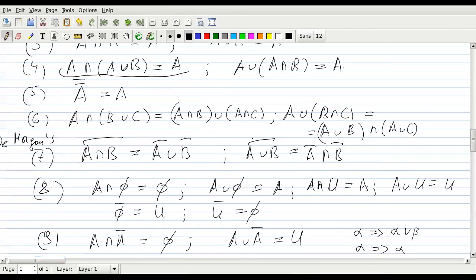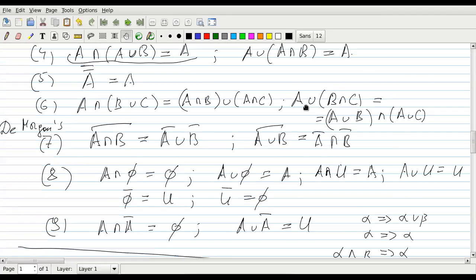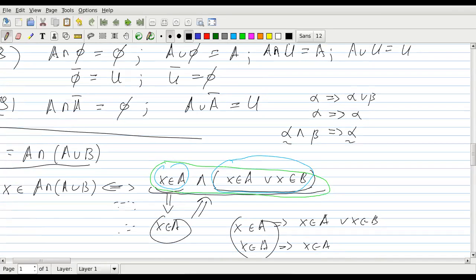Do we need to consider another identity, or is it quite clear? Well, I think it's clear. Okay. So the main idea is as follows. Use the definitions and the properties of logical connectives.